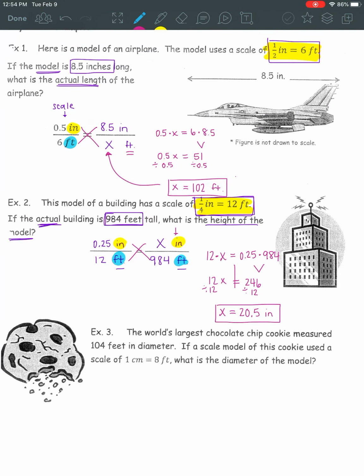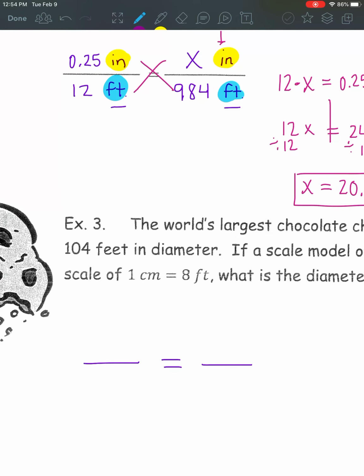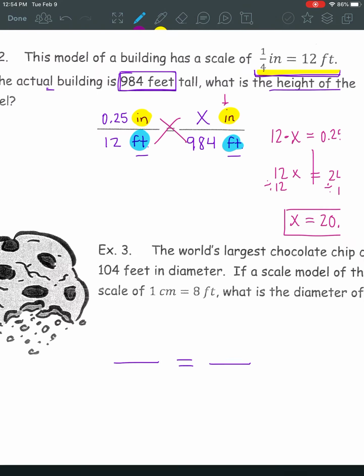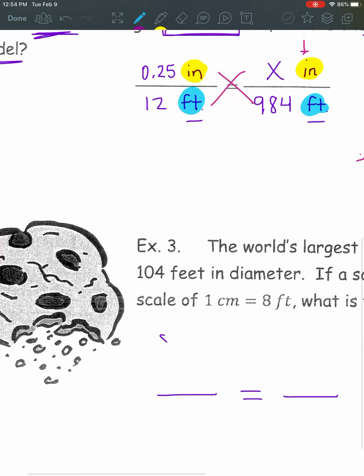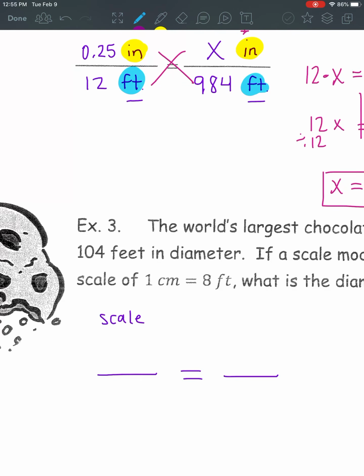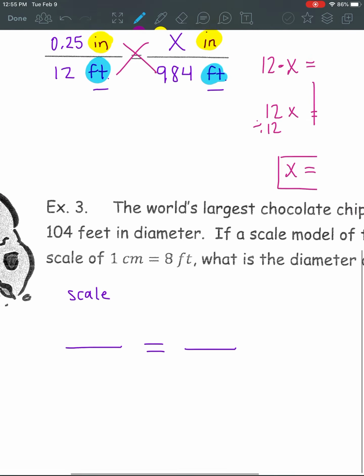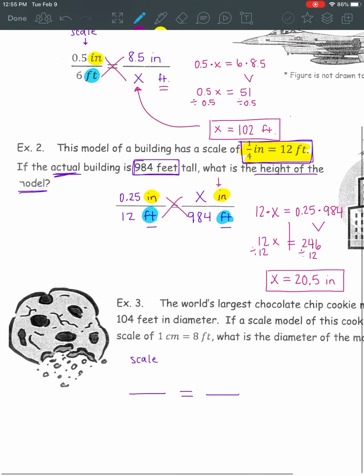Okay? Last one, I want you to try and set up your proportion. I often start these examples by drawing a fraction equal to a fraction because we're always going to set up a proportion. All right, the scale always goes in the first fraction, and then you want to make sure that your units line up on the top and the bottom before you solve that proportion.